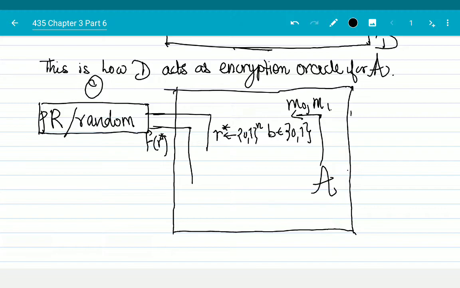You encrypt the message M_b that you chose, one of the two, right?